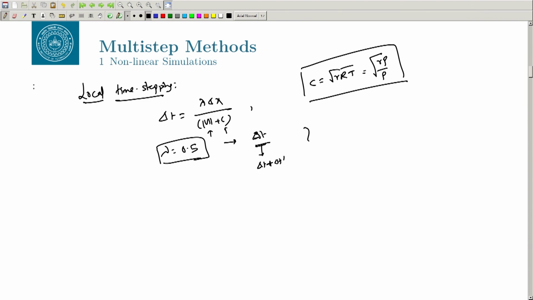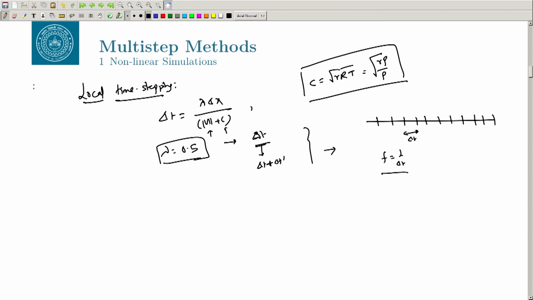So, in these cases it is very difficult to find out the frequency. Why? If you want to find out the frequency, your time steps should be at equal interval. So, let us say if it is delta t, then basically you can find the frequency which is 1 by delta t, or rather it will be 2 by delta t because of the Nyquist criteria, because it maps on both the sides.